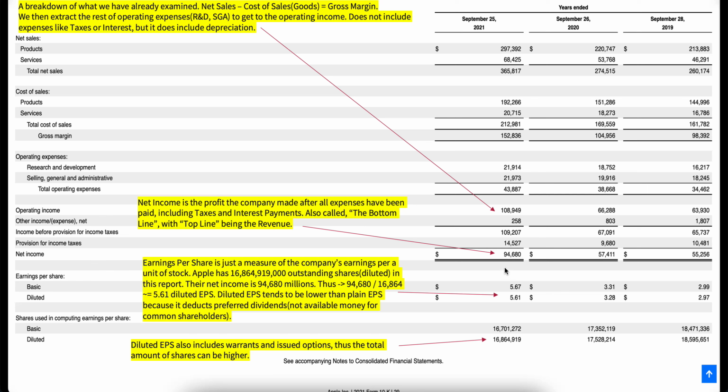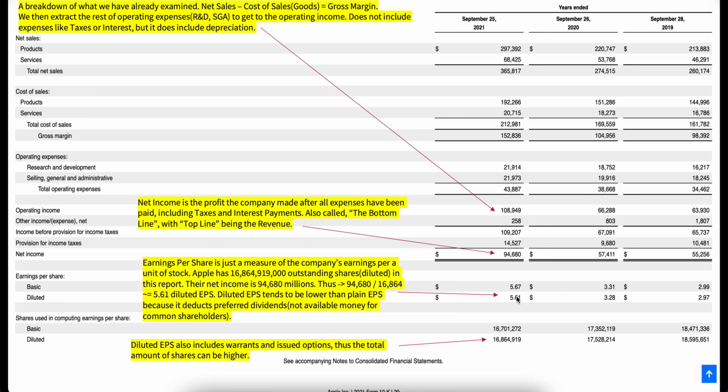So what we want to do here is discover how much of this income is actually allocated to each unit of shares, to each unit of outstanding stock. And so what we're going to do is divide this value by the amount of outstanding shares in millions, of course. So when we do the division, we're getting that the diluted EPS is 5.61, and this is exactly what we're seeing here.